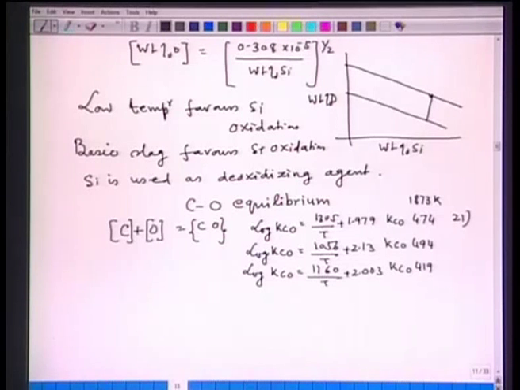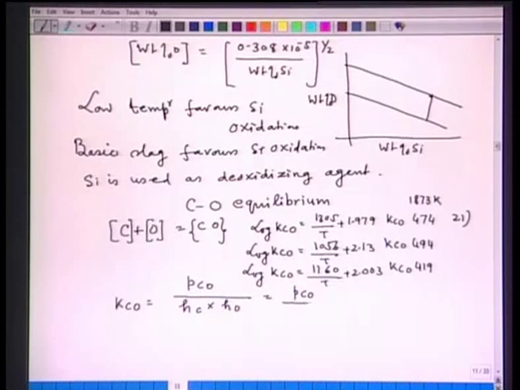Now, to understand the carbon oxygen equilibrium, let us write down the value of K. So, KCO will be equal to PCO upon HC into HO. Now, recall the solute elements in liquid steel obey Henry's law.